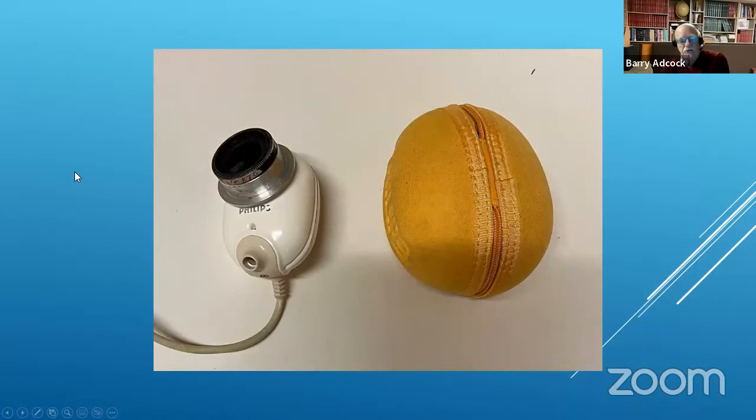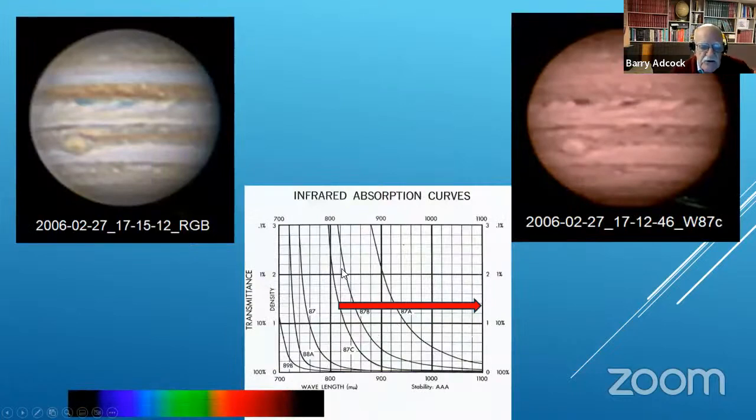In the time of digital imaging, like a lot of amateurs, I started with a Philips ToUcam, and a friend of mine gave me a Wratten 87C filter, and its characteristics are shown in the graph here. Mr. Kodak has drawn a graph with the vertical axis upside down and also a logarithmic scale, but that filter is actually an infrared high pass filter.